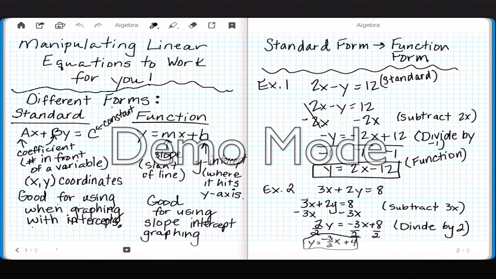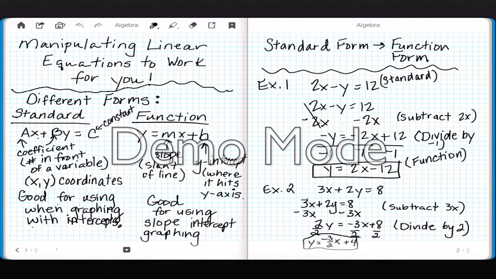There's different forms of equations, and I'm just listing two here for now. We're starting first with the standard form, and that's when you have something called ax plus by equals c. A and b are just numbers, and we call those coefficients. They're numbers in front of a variable. The c is a constant, which means it doesn't change.